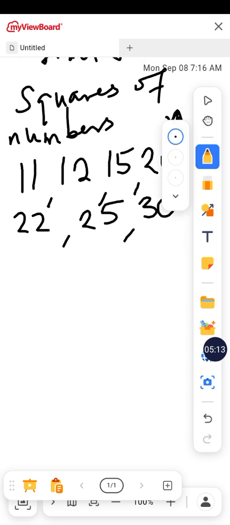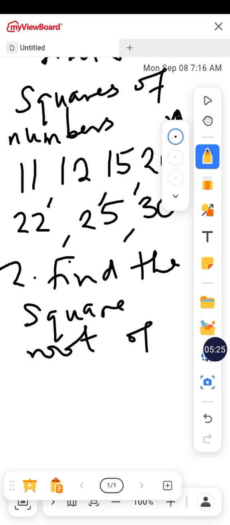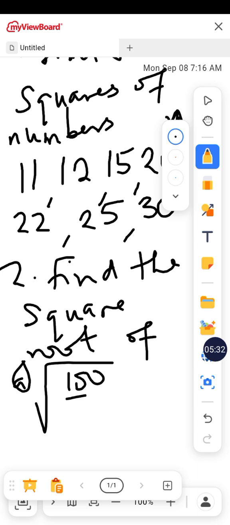Then find the square root of 100 over 36.